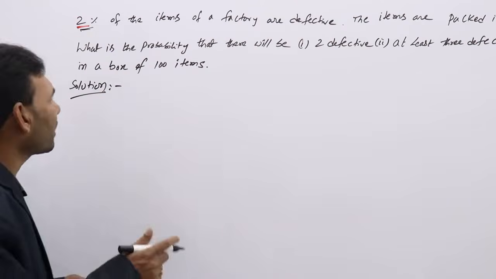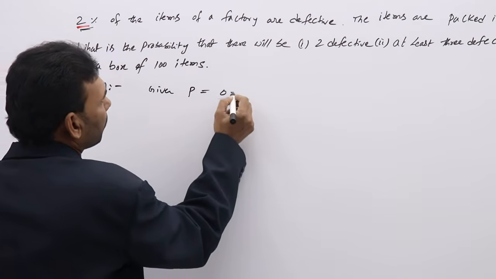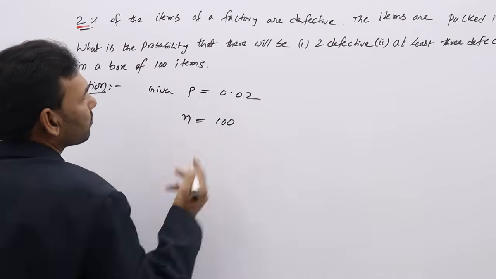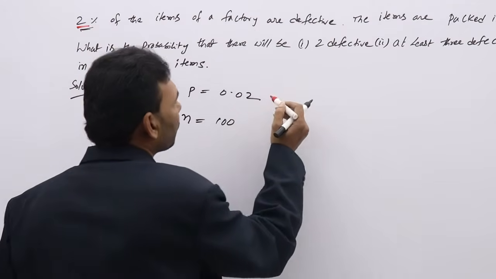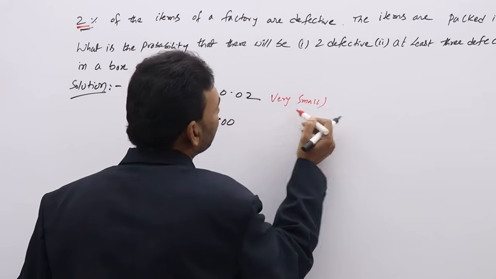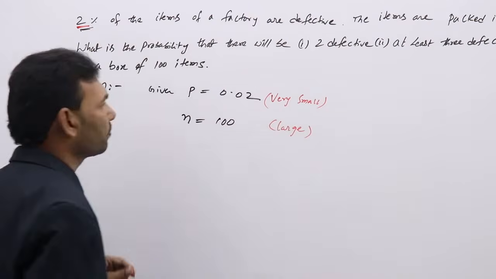So here, given P is very small and N contains 100 items. If you observe, P is a very small value and N is a large value.